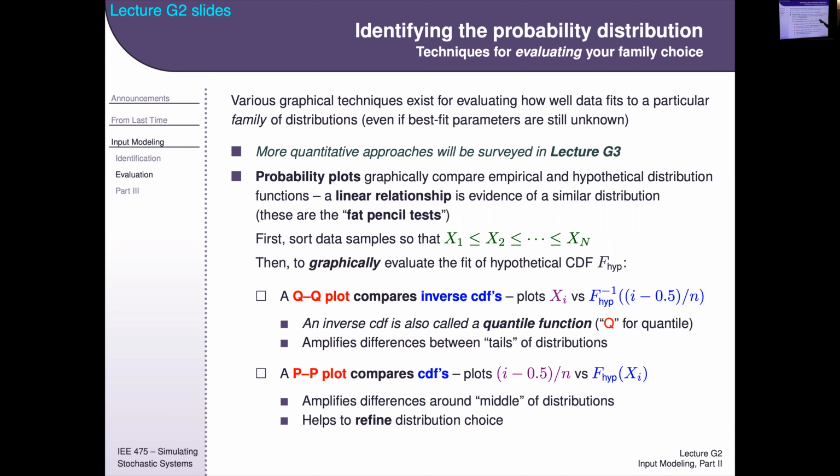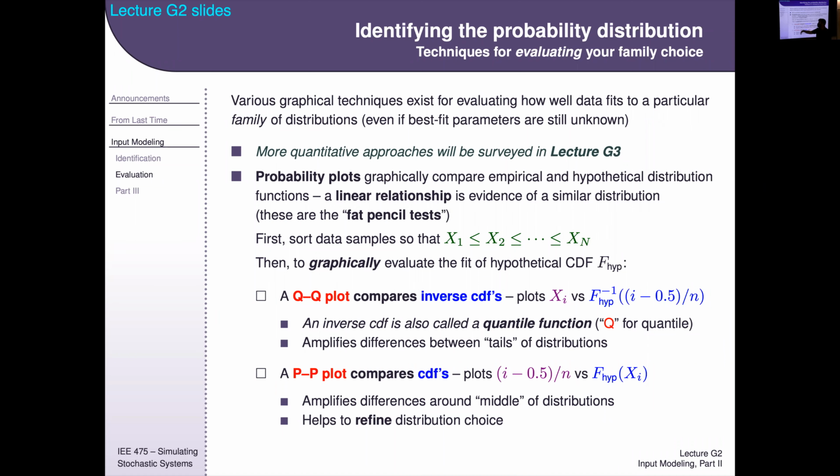And then once they're sorted, you can plot either the data or its quantile. In the QQ plot, you're effectively plotting the sample CDF against a hypothetical CDF. The Q here stands for quantile, which is another name for inverse CDF. And so I'm plotting the quantile versus the quantile.